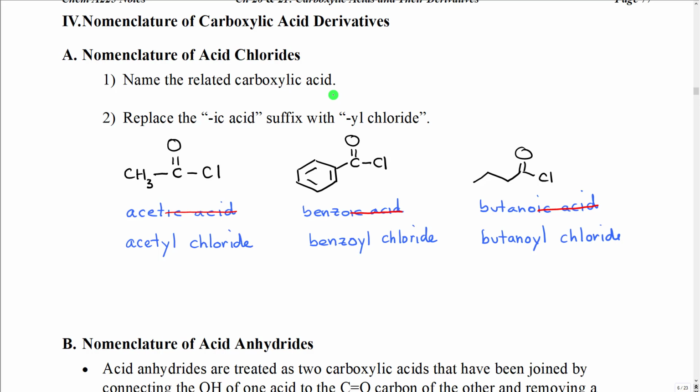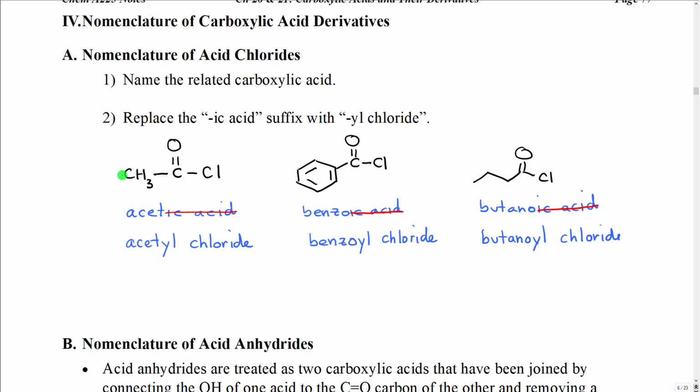Then we'll take that carboxylic acid name, cross out part of it, and replace it with something else. So for example, for acid chlorides, we name the related carboxylic acid, and then we replace the "ic acid" portion of that name with the suffix "yl chloride."